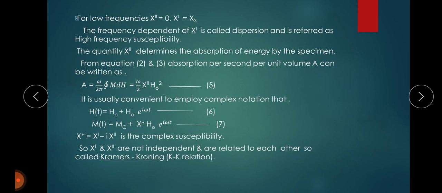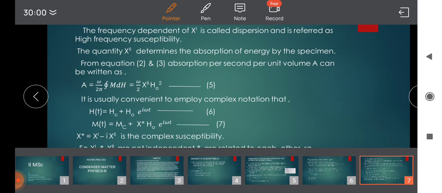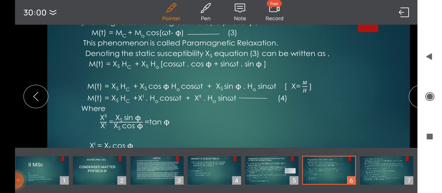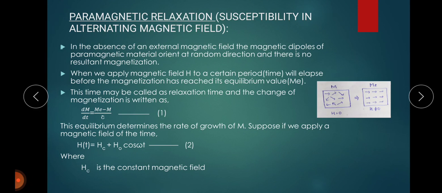From equations 2 and 3, the absorption per second per unit volume A can be written by using equations 2 and 3. In equation 2 we have the magnetic field in terms of time t, that is h of t is equal to Hc plus h0 cos ωt.